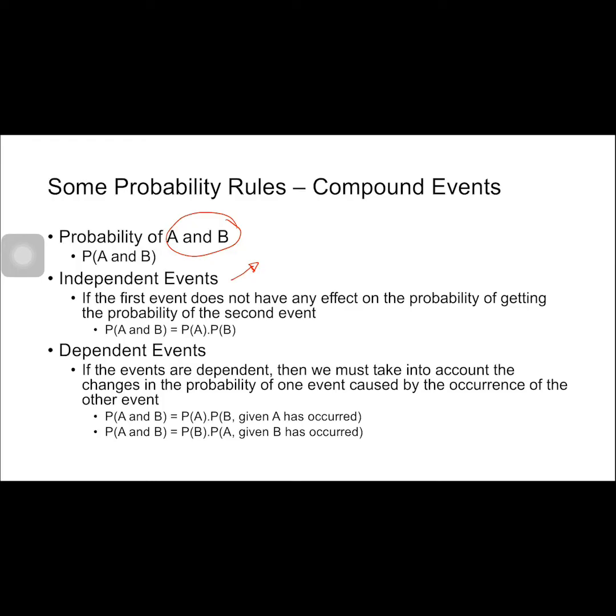We can simply multiply P of A times P of B. For dependent events, we must take into account the changes in the probability of one event caused by the occurrence of another event. It means that the second event was affected by the occurrence of the first event. So we have P of A and B is equal to P of A times P of B given A has occurred, or P of B times P of A given B has occurred.